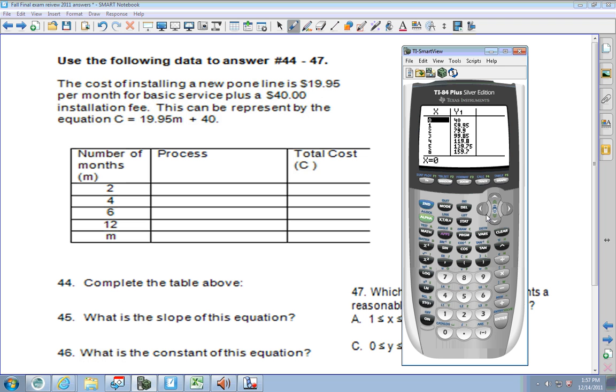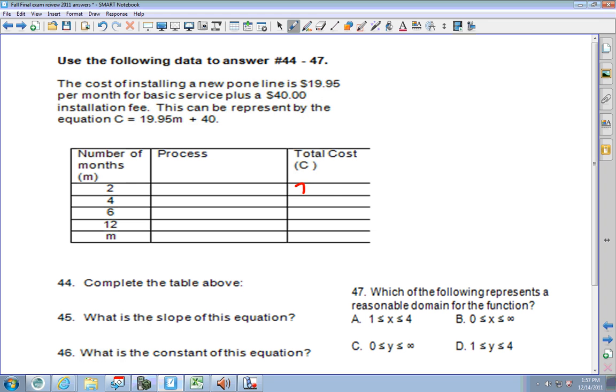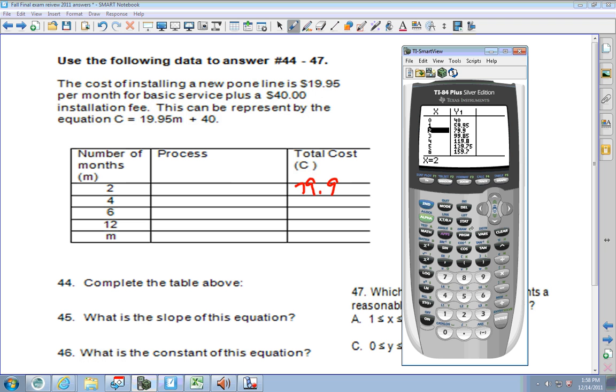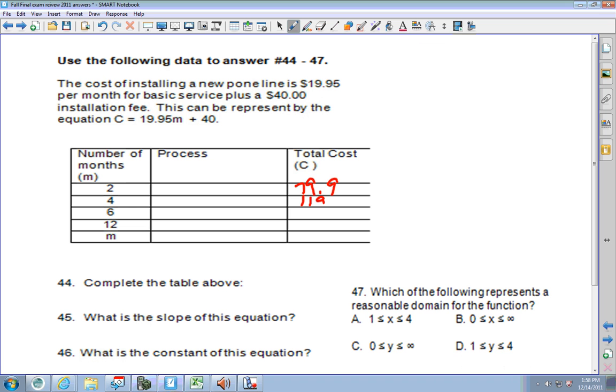Well, it says at 2, how much does it cost? Let me move up here. I'm a little blind here. All right, it would be 79.9. Look at the next one. I'm going to go to where x is 4, and it looks like it's 119.8.